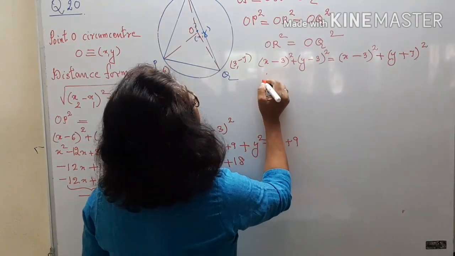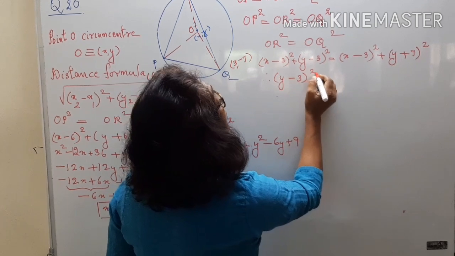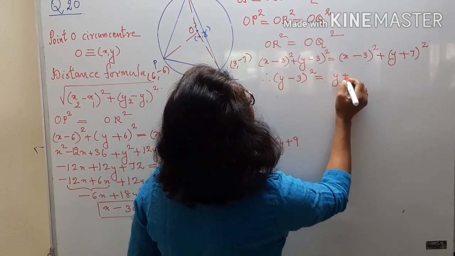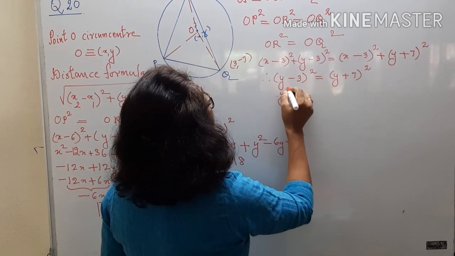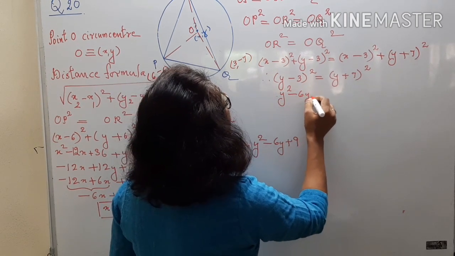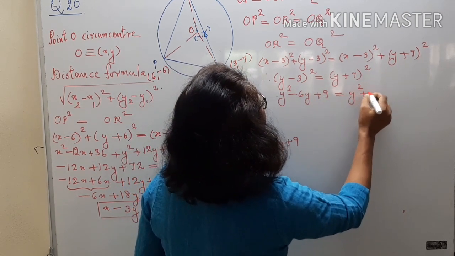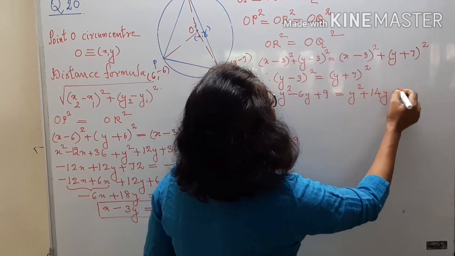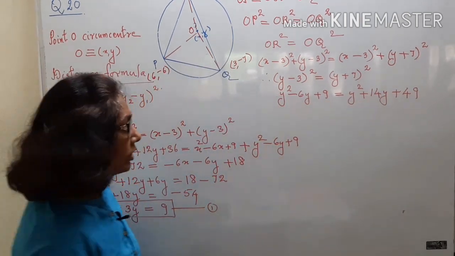So, we get y minus 3 the whole square is equal to y plus 7 the whole square. What is this? Y square minus 6y plus 9 is equal to y square plus 14y plus 49. Eliminate the square terms.